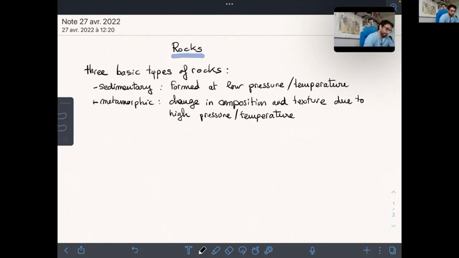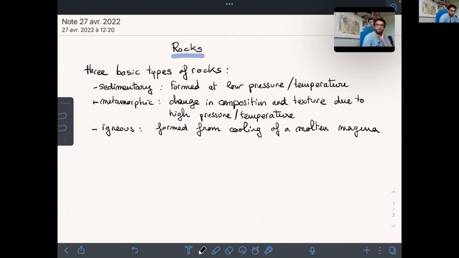And then we have what is called igneous rocks, which are formed from cooling of a molten magma. So typically granite or basaltic.